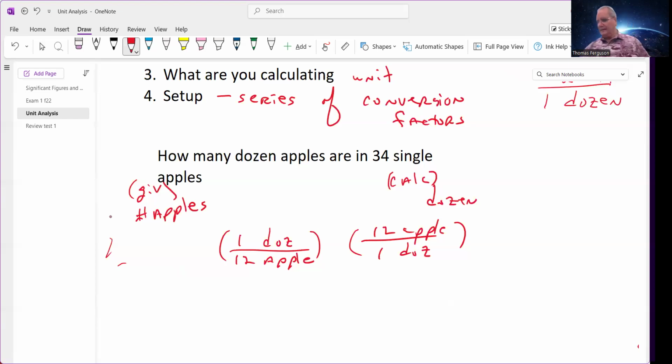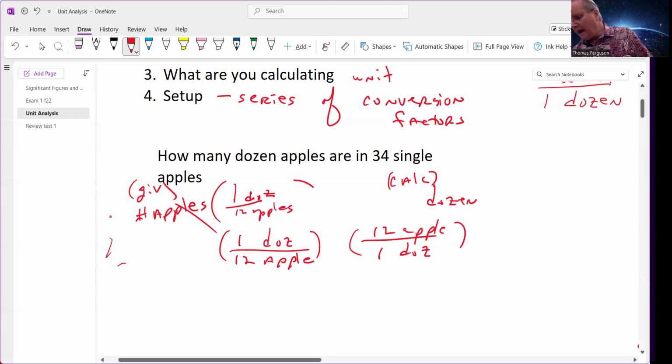So if we apply the first one, apples cancel. What does it leave us with? If we use the second one here, apples does not cancel.